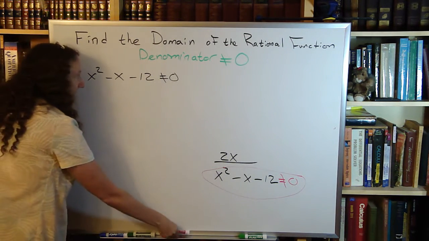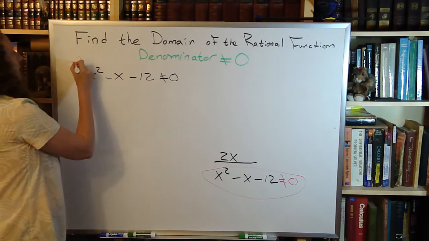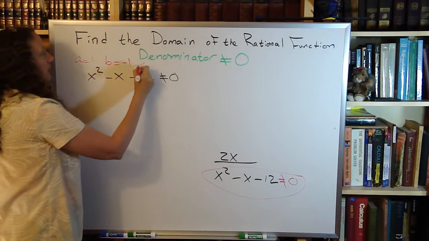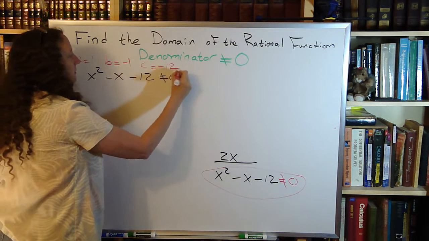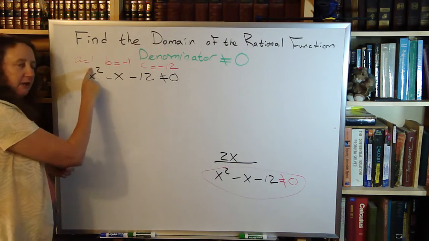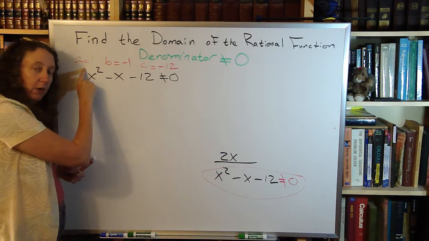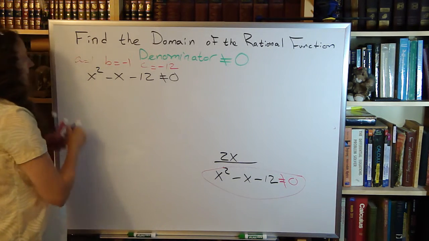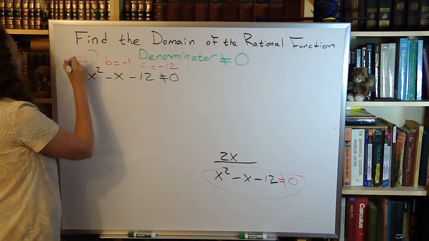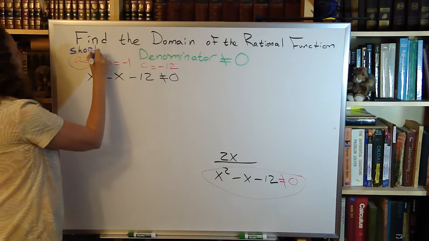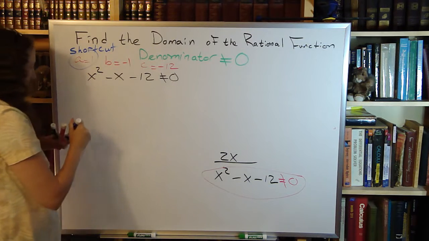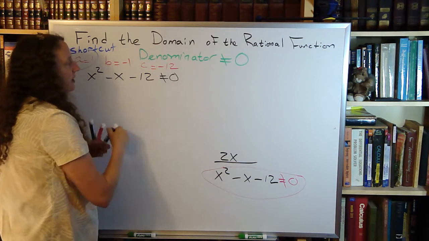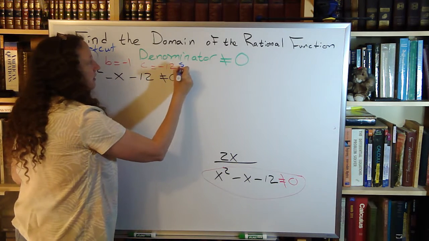So I take my x squared minus x minus 12 does not equal 0. I identify my a, b, and c. A is 1, b is negative 1, c is negative 12. I'm in luck here because a is equal to 1, so I can use a shortcut. I see that c is negative, so because it's negative, I know my signs are different.